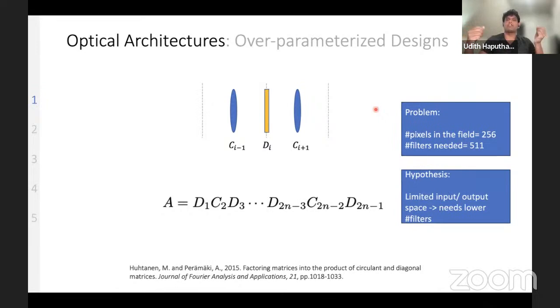So our goal is to find a transformation between those two image distributions. In that way, we hypothesize that there exists such a solution, which we can achieve without having this many filters or lenses. So with that in mind, we will go to our optical design.